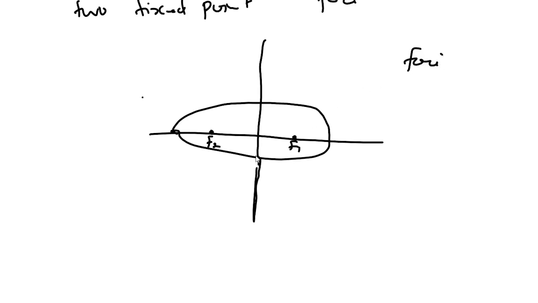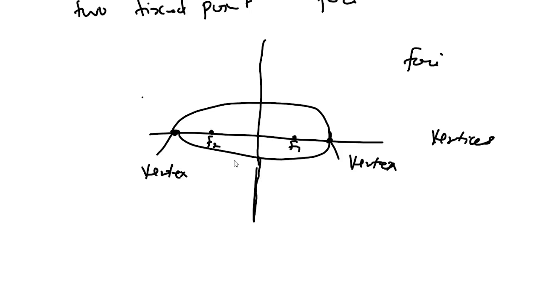The line containing the foci intersects the ellipse at a point called the vertex. This line intersects the ellipse at this point here and also at this point here. Each point is called a vertex, and in the plural form, vertices.